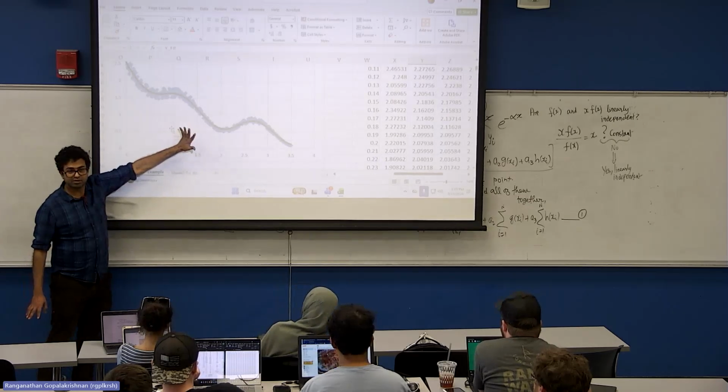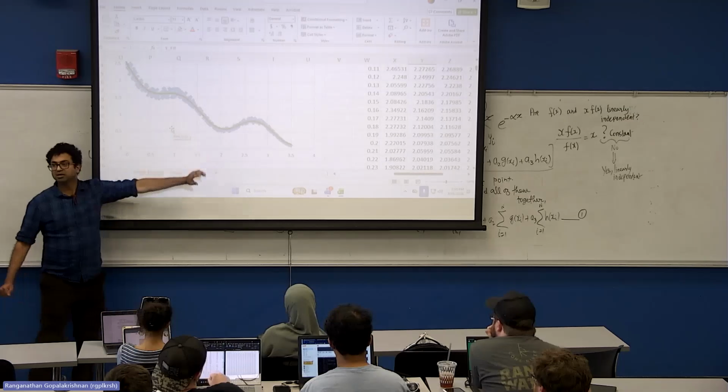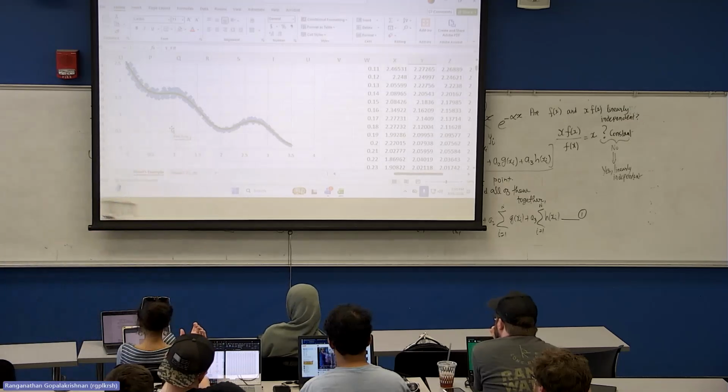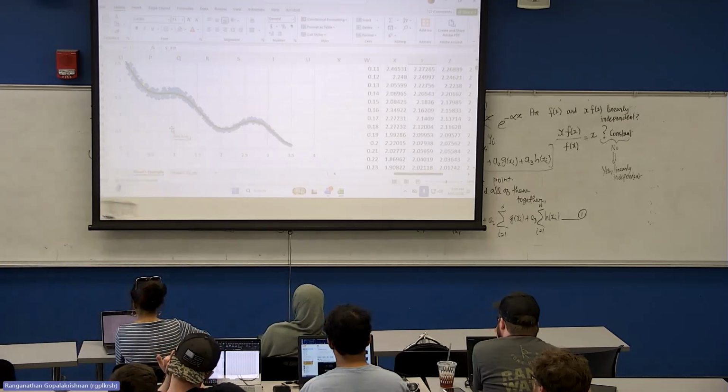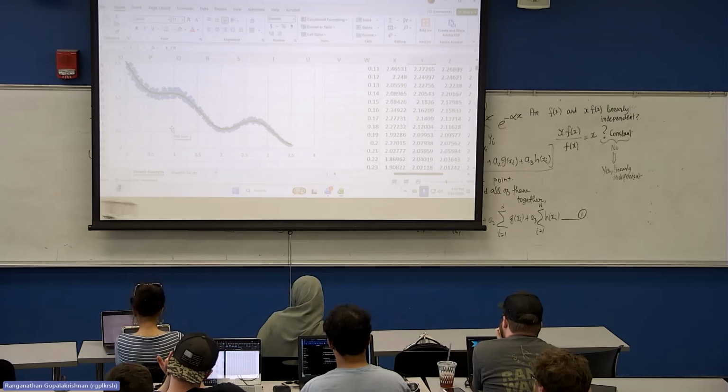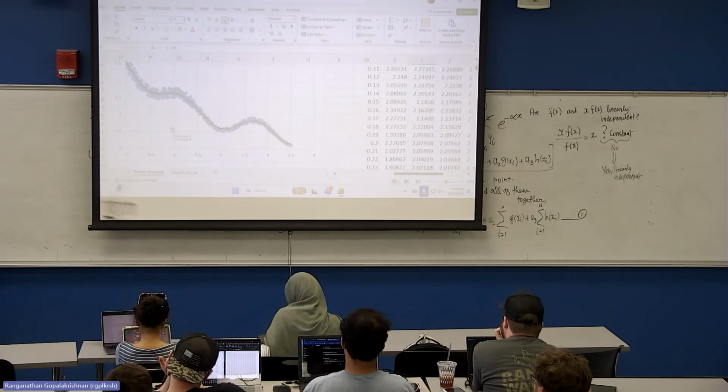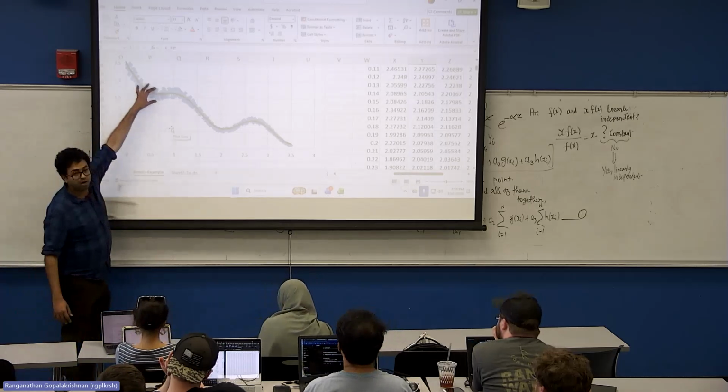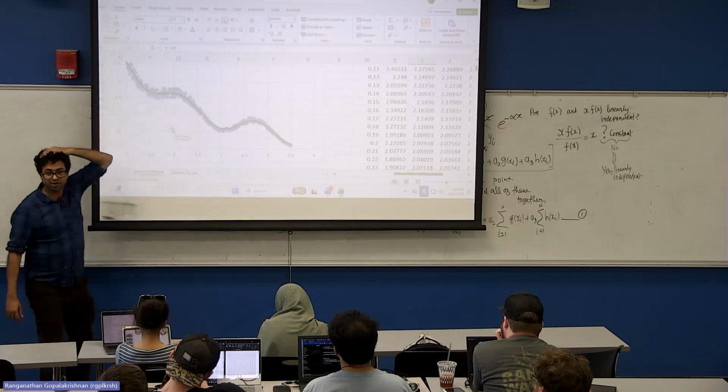With me so far? Yes. Okay. Now comes the question: what is the confidence interval on this fit? Like, how good is this fit? Will it have a wider band around it or a narrower band? How do we quantify that?